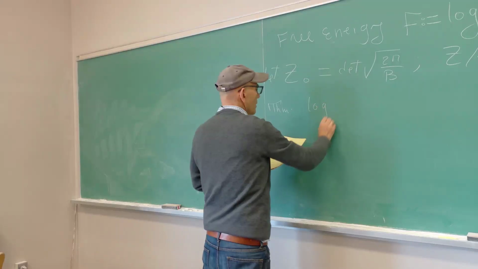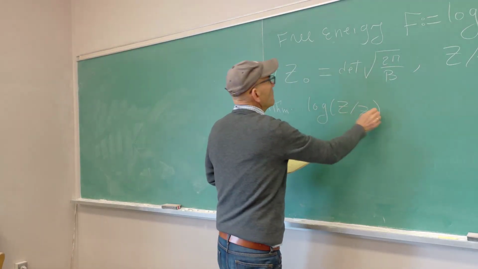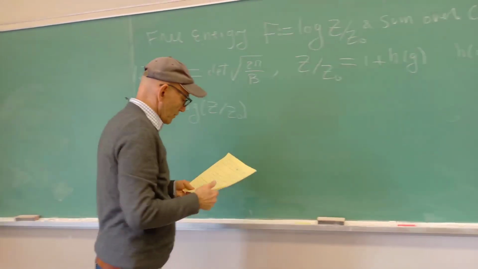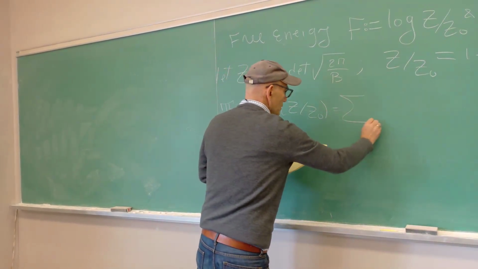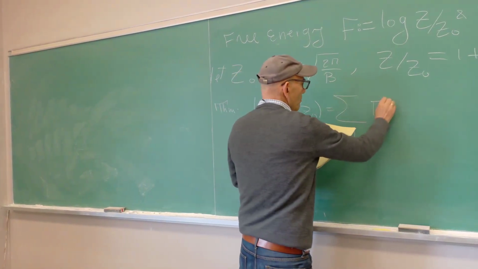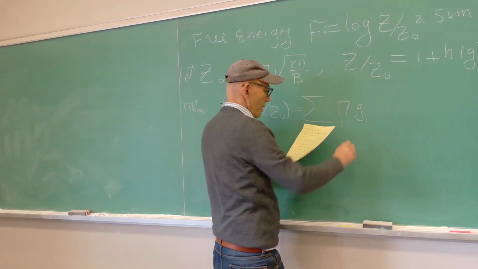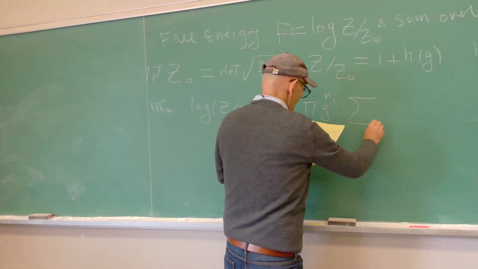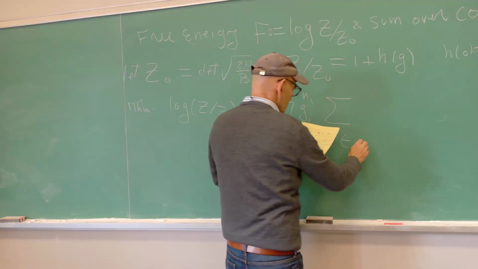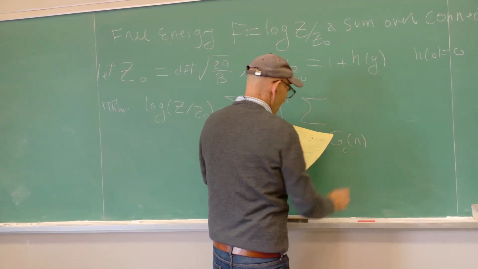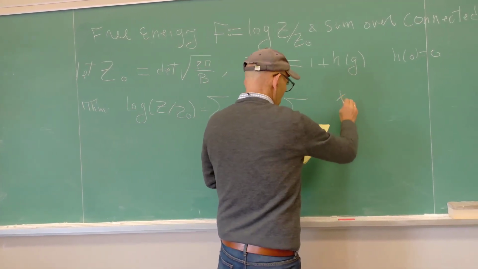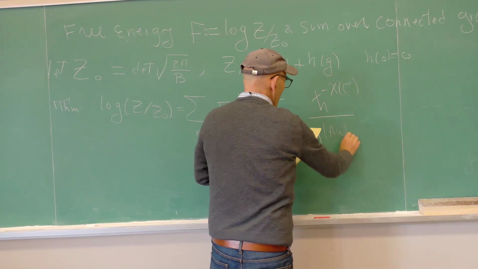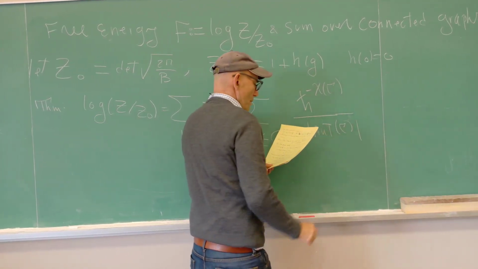Log of Z over Z0 is equal to the sum over all multi-indices n of the product of g_i to the power n_i, and then the sum over gamma belonging to GC of n of h bar to the power minus chi of gamma over the order of the automorphisms of gamma, times f of gamma.